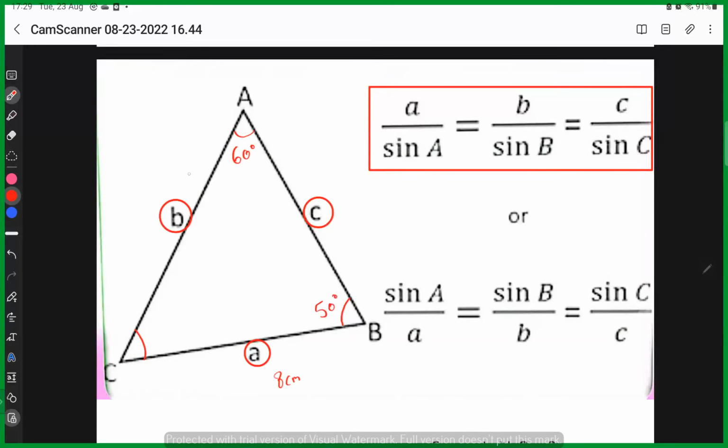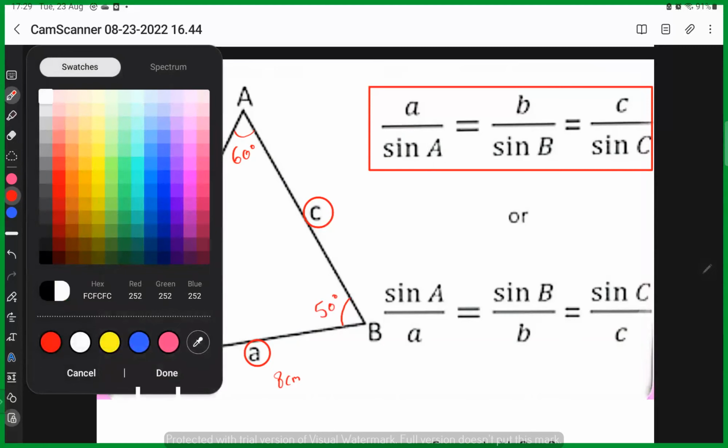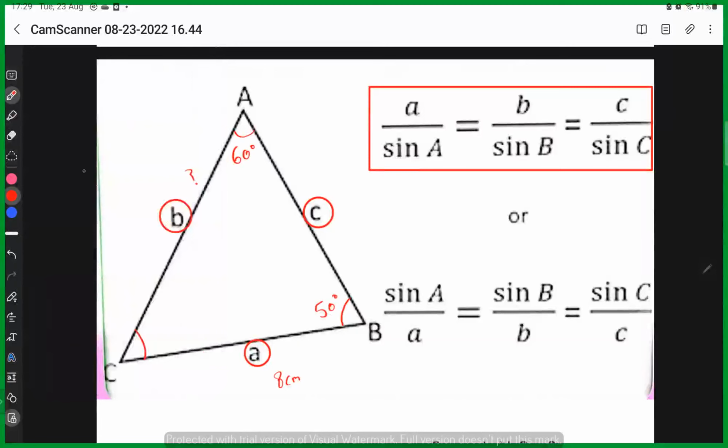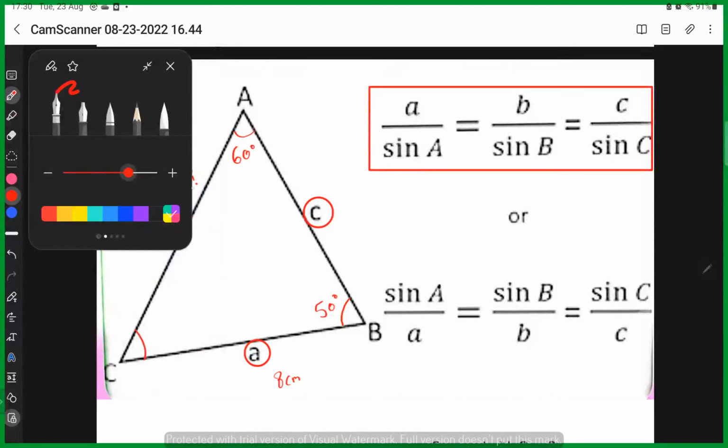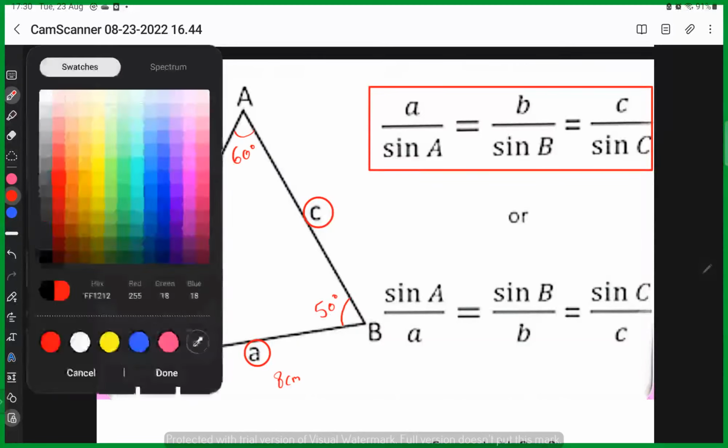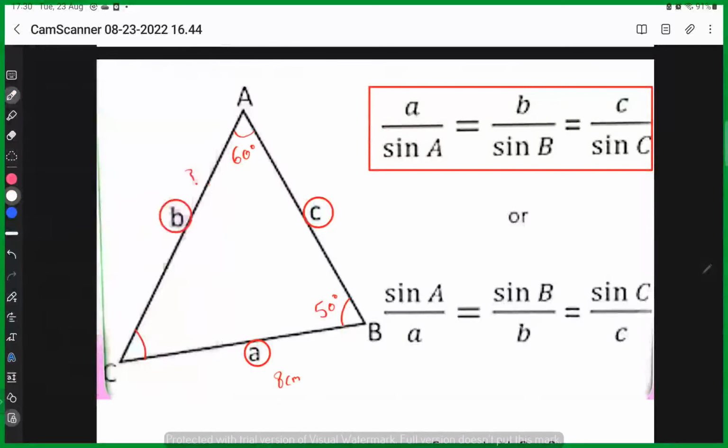What do I do? I'm only supposed to erase this part and use this ratio directly. How do I use this ratio? I'll tell you. It's very simple.